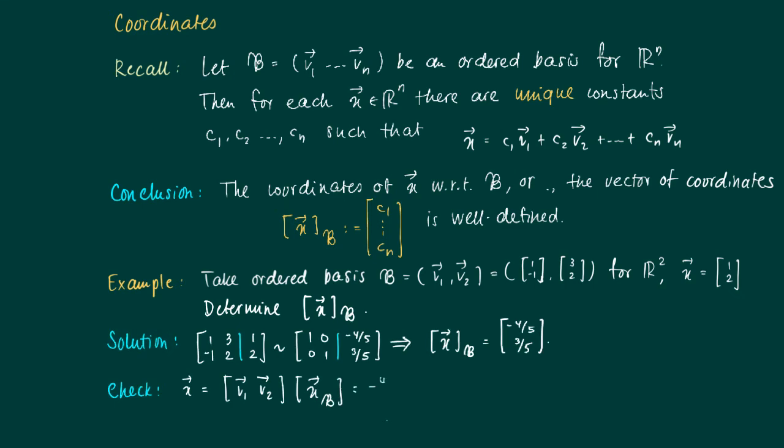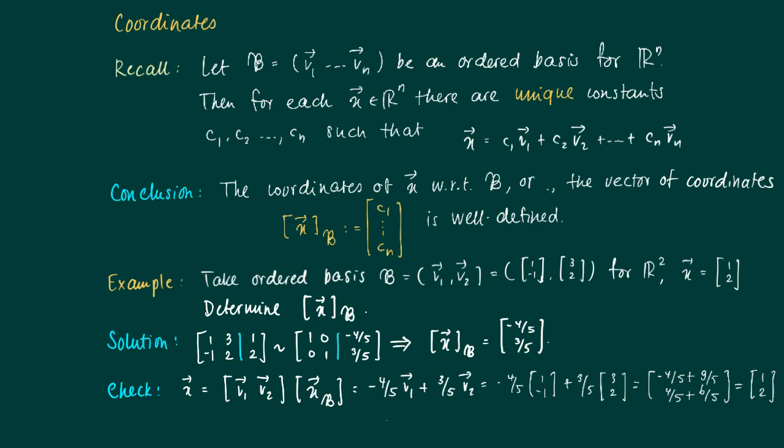So we get -4/5 times v1 plus 3/5 v2, which equals -4/5 times the vector (1, -1) plus 3/5 the vector (3, 2), which is a vector with first coordinate -4/5 plus 9/5, and the second coordinate 4/5 plus 6/5. So it's clear that this is no more than the vector (1, 2). So this seems all to be okay.